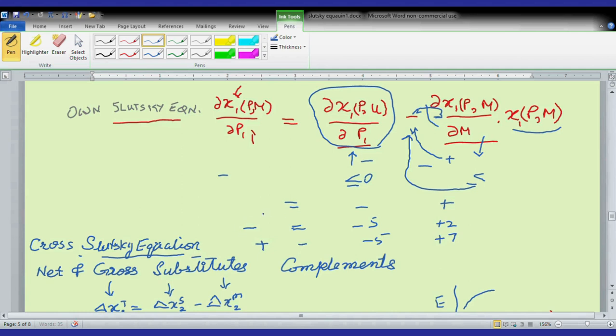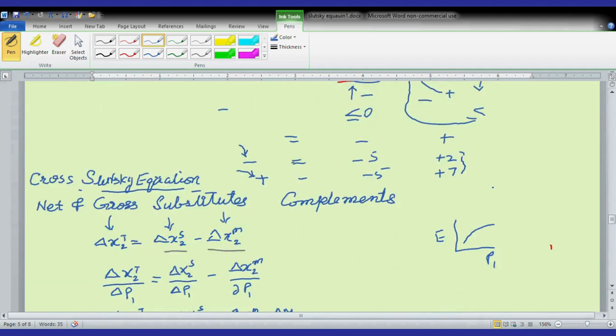So with an inferior good, the Marshallian demand curve can have a negative slope or it can have a positive slope, depending upon whether the income effect dominates the substitution effect or vice versa. And we had seen these same results earlier when we were decomposing the price effect into the two components, income and substitution effects.